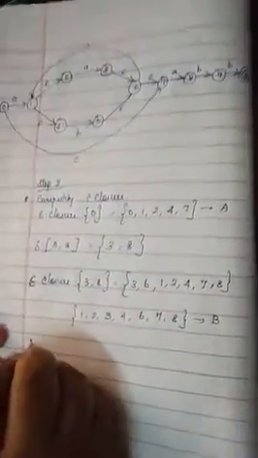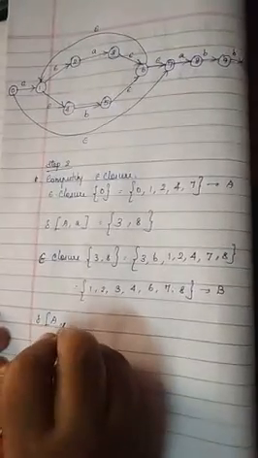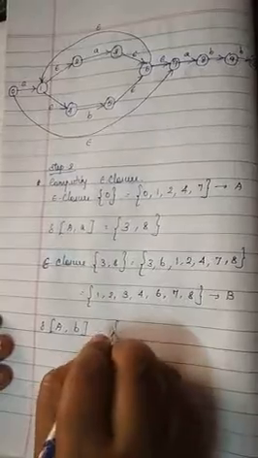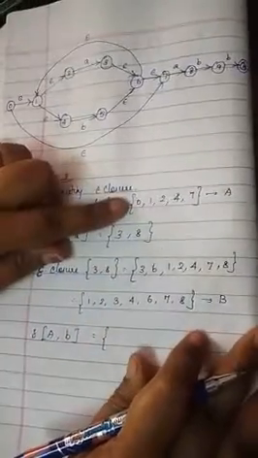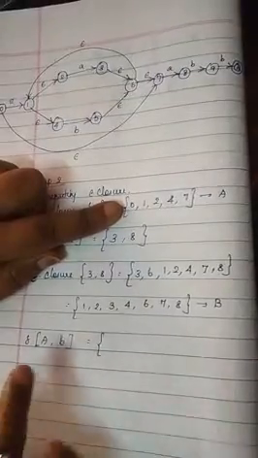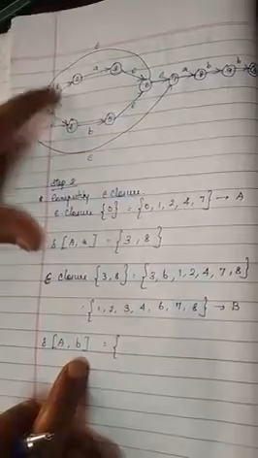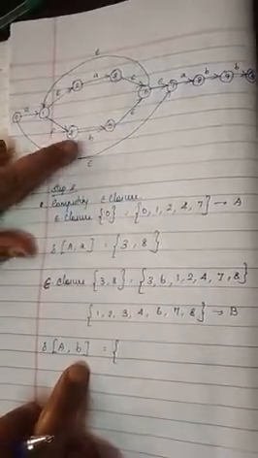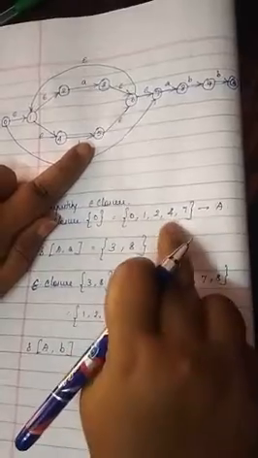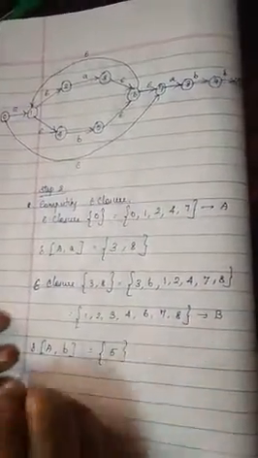Similarly, we calculate the transition for A for the input symbol b. Again we see in this set whether any state transits to another state for input symbol b. 0 we don't have b, 1 no, 2 no, but for 4 we have b, which transits to 5, and 7 no. So this is the only number in this set.